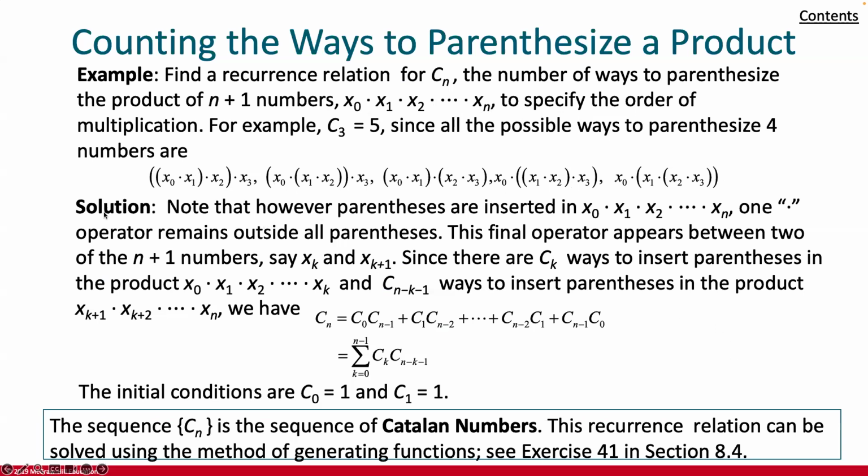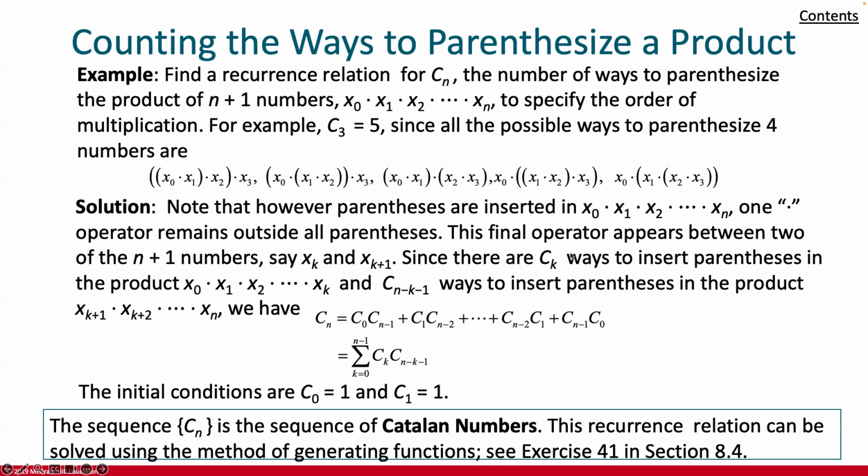Note that, in terms of the solution, however parentheses are inserted in this sequence, one operator remains outside all parentheses. The final operator appears between 2 of the n plus 1 numbers, say x sub k and x sub k plus 1.